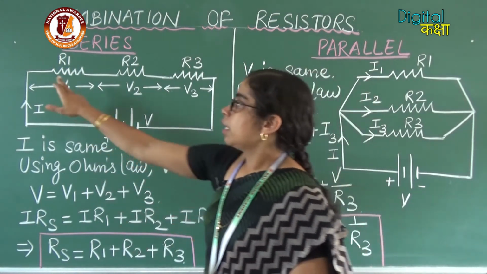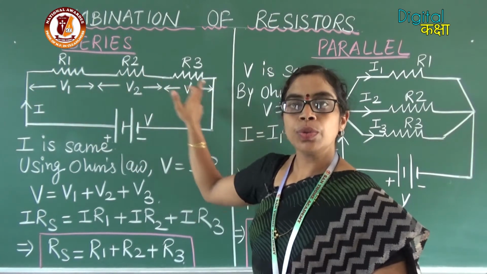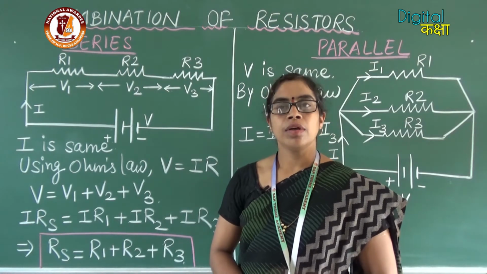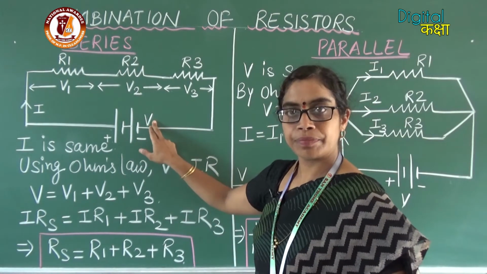That means across the ends of these resistors, the potential difference supplied by the battery is V.